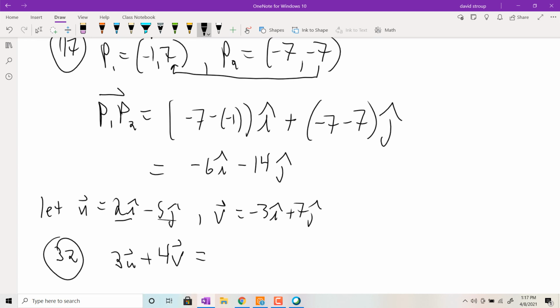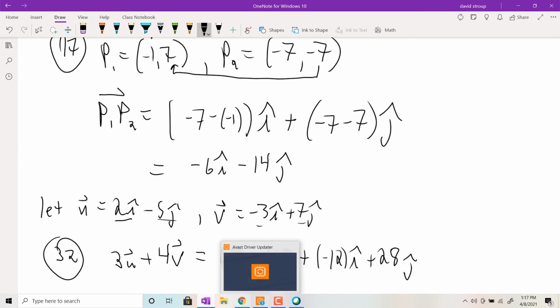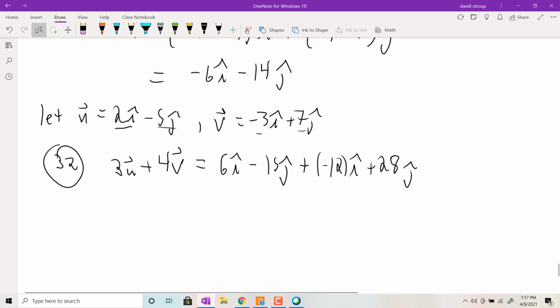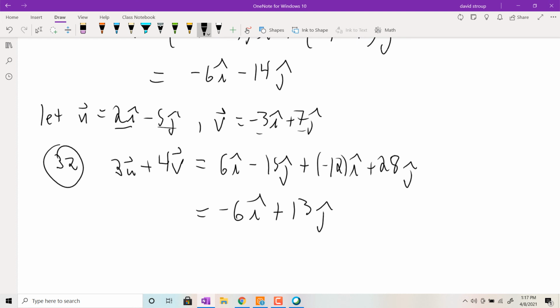So by 3, I'll have 6i minus 15j, and then plus, you multiply the components of v by 4, so I'll have -12i plus 28j, and then you add the like terms together. So you get 6 minus 12 is -6i, -15 plus 28 is plus 13j, okay, and that would be your final answer.